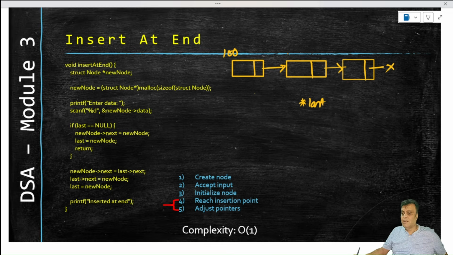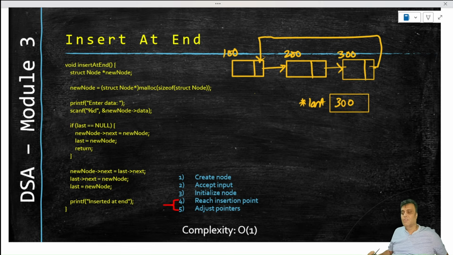Let's say these addresses are 100, 200 and 300, and the last pointer is pointing to 300. And of course we are talking about a circular linked list, my bad, this should not be X, this should be pointing to here, right? So that's what we have as the starting point of this particular example.